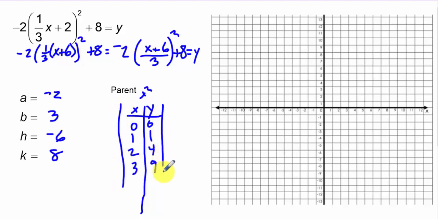I have both x and y multipliers in this case. Y multiplier of -2. X multiplier of 3, so that's 0, 3, 6, and 9. And 0, -2, -8, and -18. That's a big one.